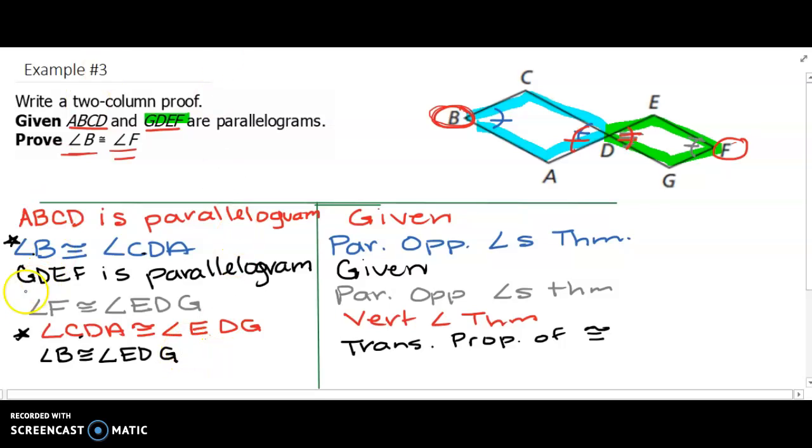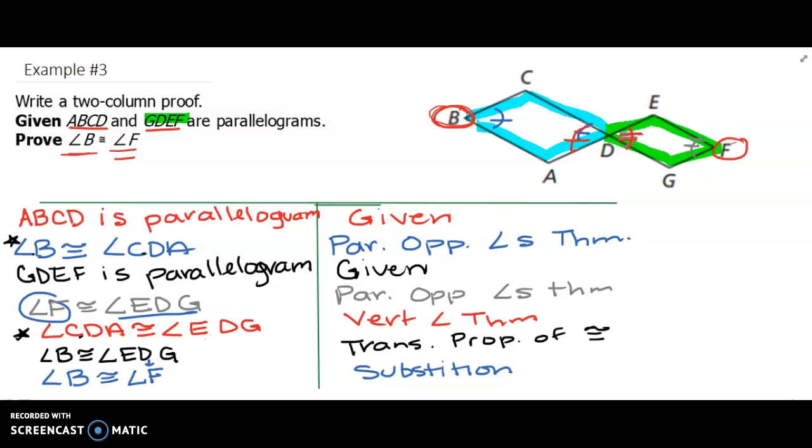But notice that angle F is congruent to EDG, so I can now substitute angle F in for EDG, and I can get angle B is congruent to angle F by substitution. And that would be our proof.